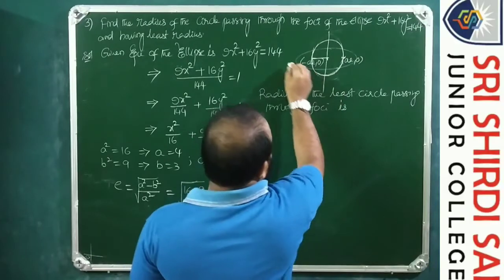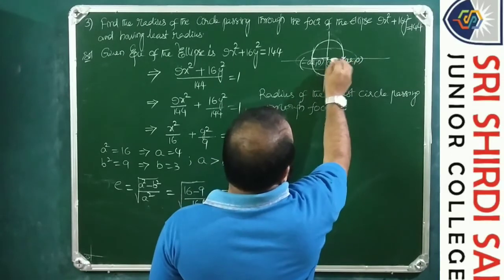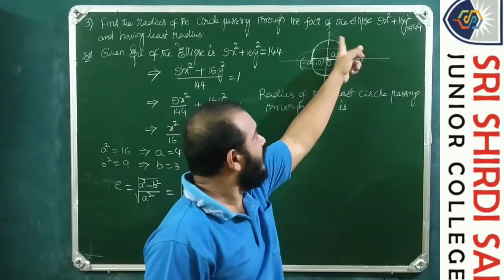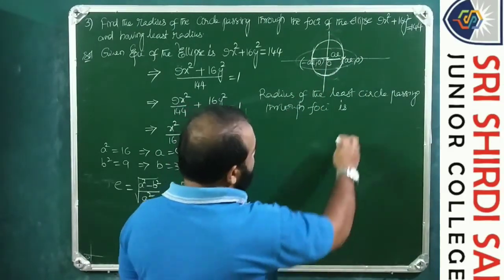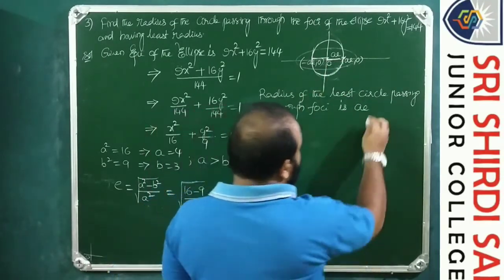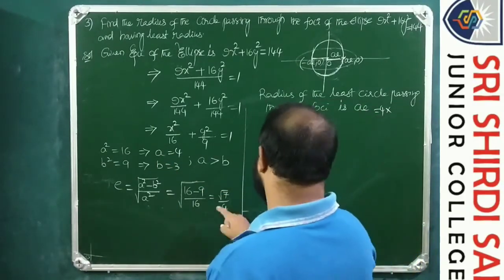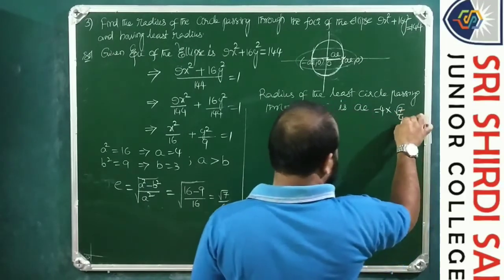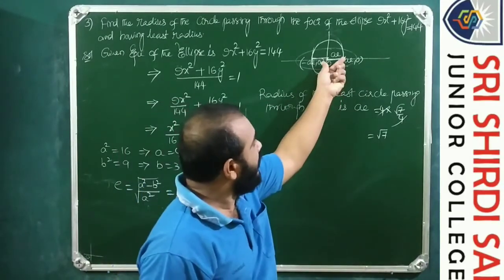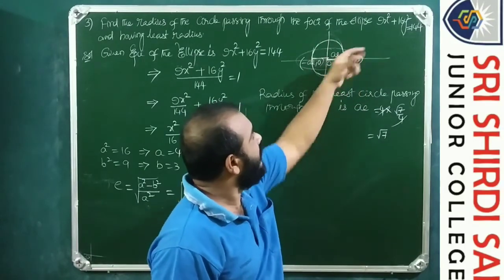This is our coordinate axis and this is our origin, and this is equal to AE. AE is the radius of the least circle. This is AE and this is AE. So this is equal to a is 4 into e value root 7 by 4. So root 7 is the radius of the least circle passing through the foci of this given ellipse.